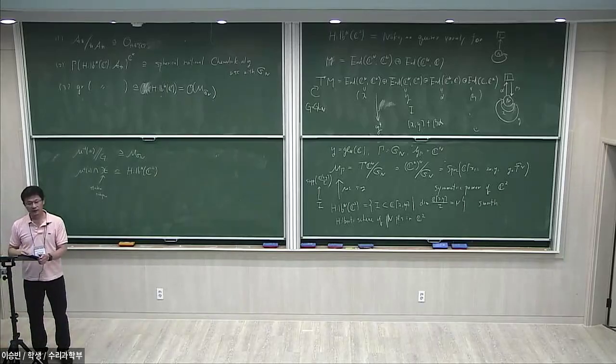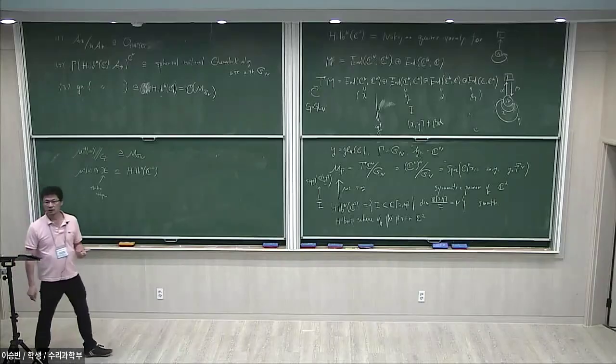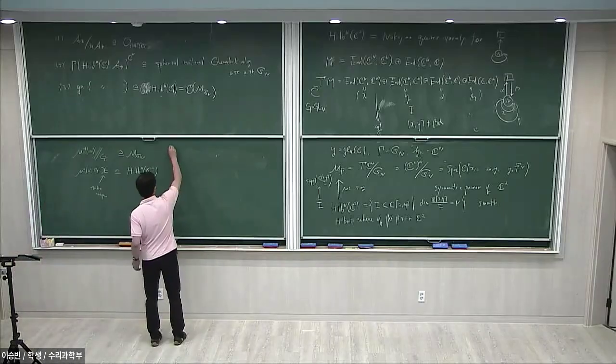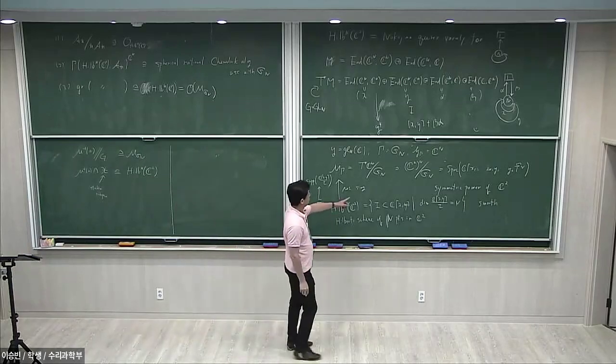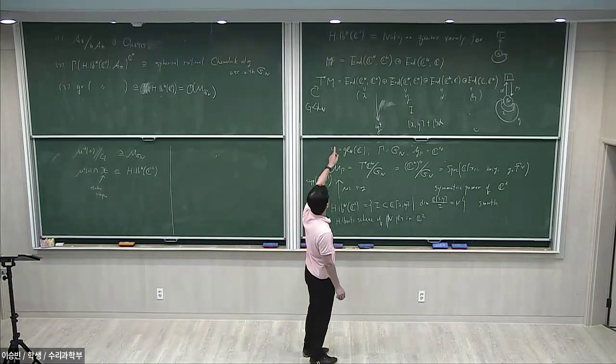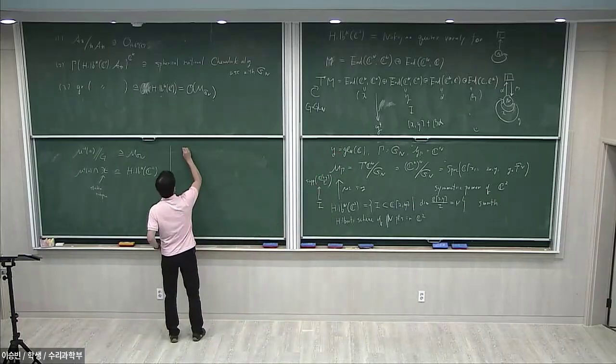And then it's very easy to quantize this kind of construction. So Hamiltonian reduction is a very algebraic procedure. So you basically quantize everything upstairs. So quantization goes as follows.